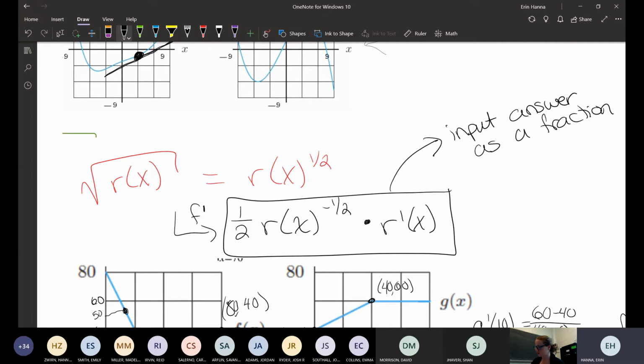So the way you want to think about it when you're trying to figure out what the fraction should be, you have 1/2 times essentially 1 over the square root of r of x, and you'll plug in a number for that r of x, times r prime of x, whatever that value is. Remember, a negative exponent is essentially equivalent to a positive exponent in the denominator. So I'll leave that up for like 5 seconds in case you want to panic, write that down for your homework.